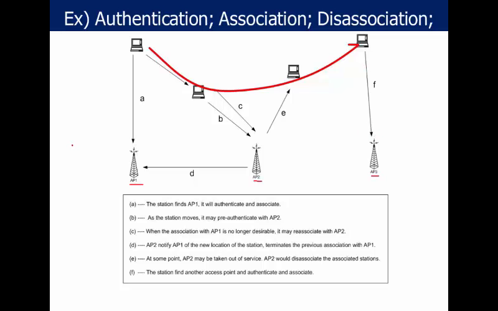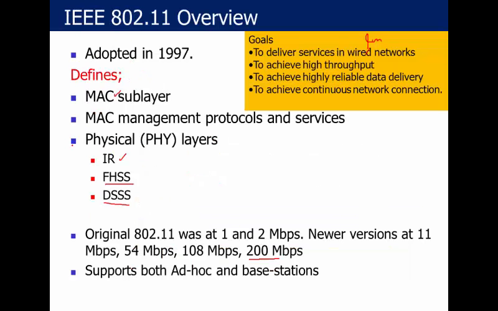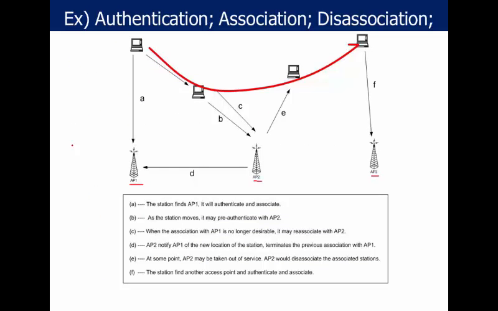If you look at the services we saw in this scenario: authentication, association, pre-authentication, reassociation, disassociation, and then authentication and association again. So it is a repetition of such services.